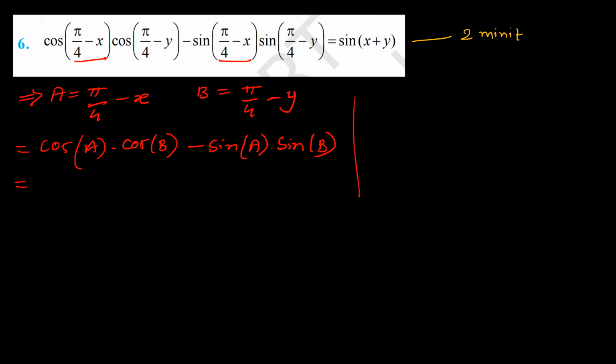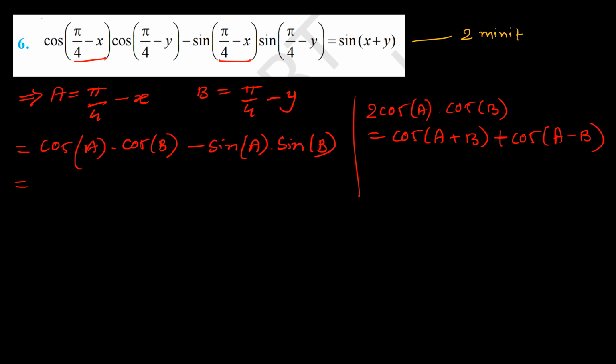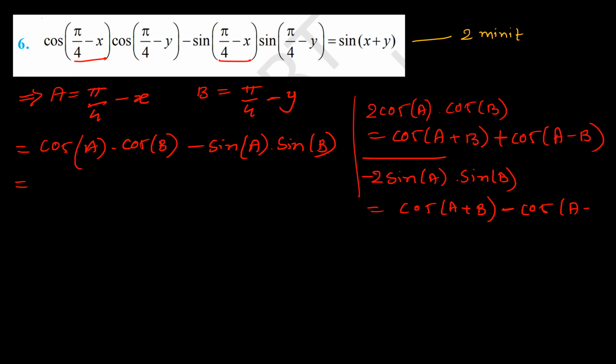Yes, we have 2 cos a into cos b is equal to cos(a plus b) plus cos(a minus b). In the same way, we have the formula for minus 2 sin a into sin b, which is cos(a plus b), but here we have the negative one, cos(a minus b). So let us convert it into this.